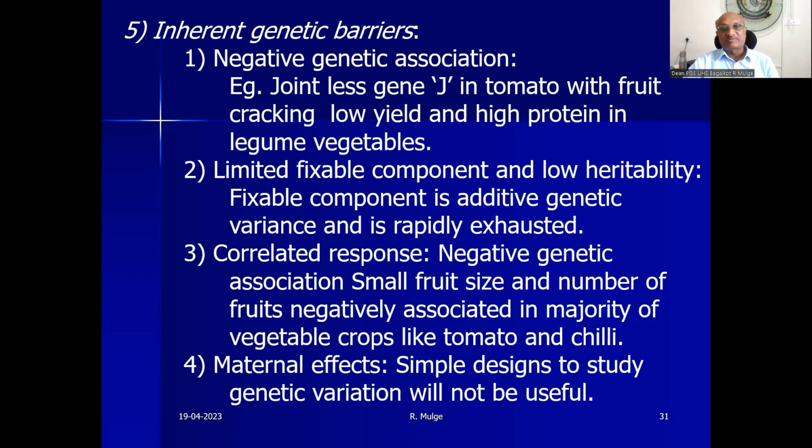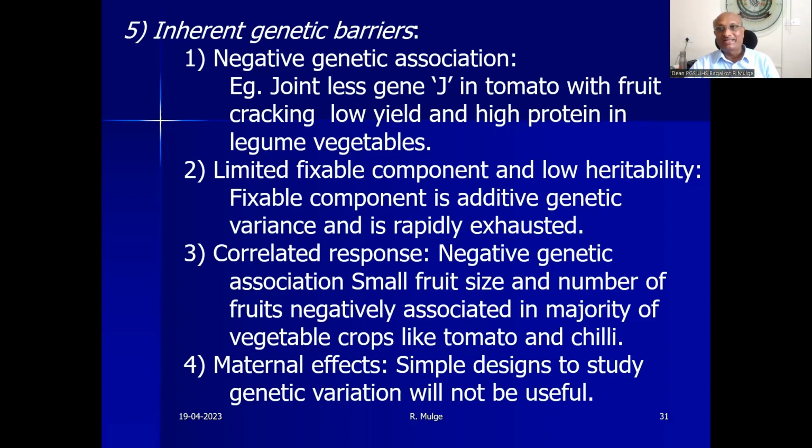Then the correlated response. Correlated response is also one of the inherent genetic barriers: the negative genetic association of small fruit size and number of fruits. If you look specifically at tomato or even capsicum, if you choose a plant with more number of fruits, it is always going to have small size fruits.